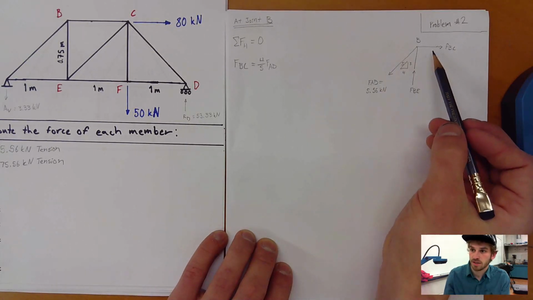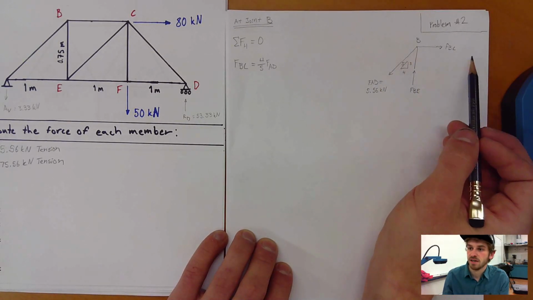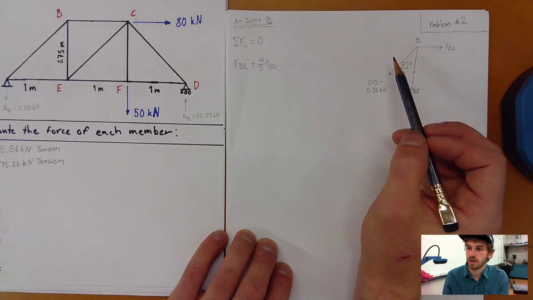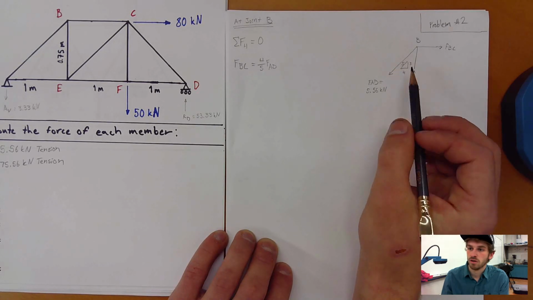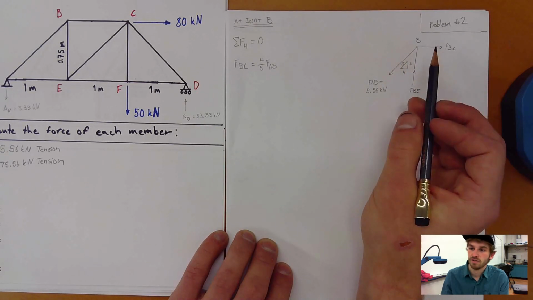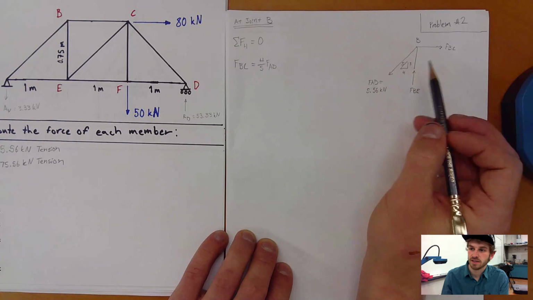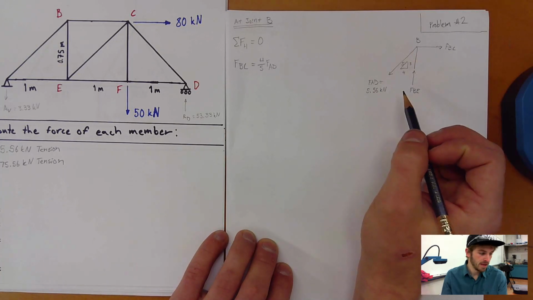Let's see how that works here. We've got FBC, the forces are going horizontally this way. So 4/5 for the forces going this way is going to equal the forces going that way.